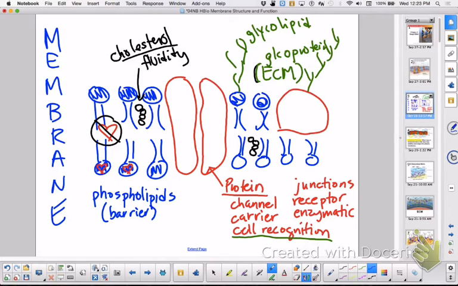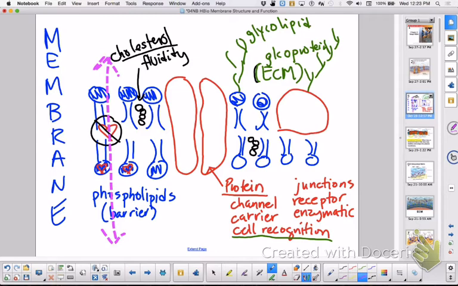Okay, what are the ways you can cross a cell membrane? Okay, so you can go through the phospholipid, okay? But if you go through the phospholipid, remember we did this, you can't be what? Large or charged, right? They can't go through the phospholipids.